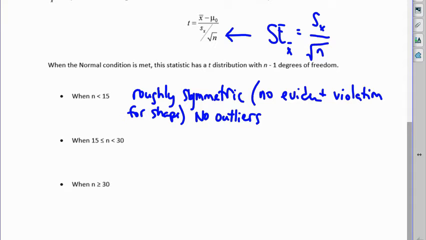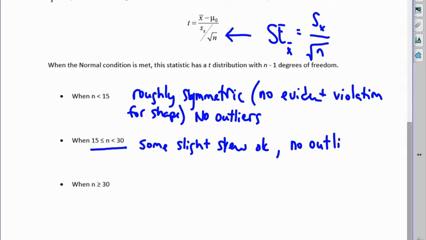So that would be basically that. And then if you are between 15 and 30, you can have some slight skew evident, not very, very skewed, but just some slight skew is okay. But you would still need to have no outliers in order to use that.